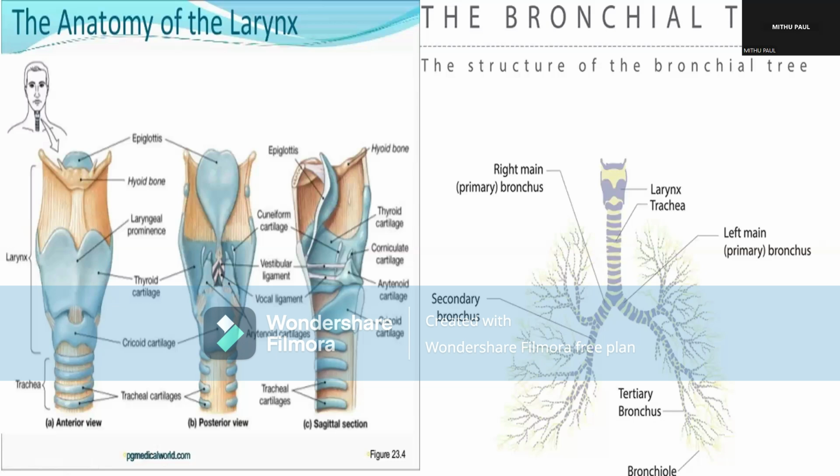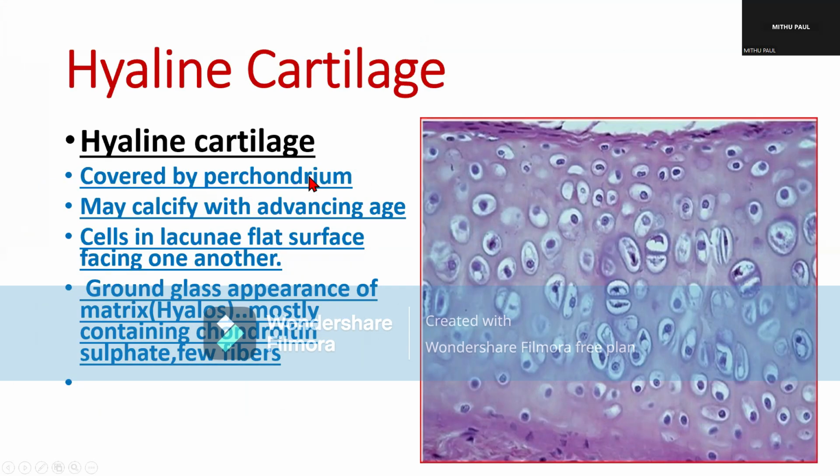After that, the bronchioles start, and the bronchiole does not have cartilage in its wall. This is the hyaline cartilage seen under the microscope. You will see this cartilage as an example of the sclerous tissue, and so also it is the identification point for the tracheobronchial tree or respiratory system slides.